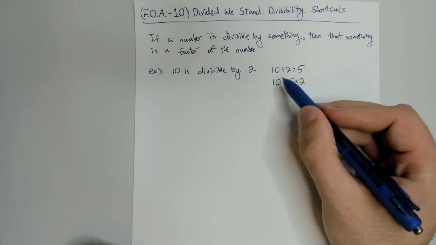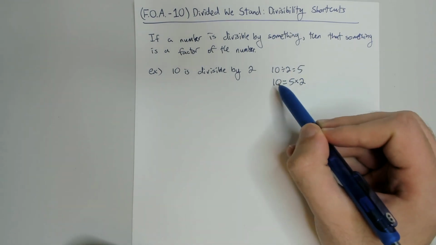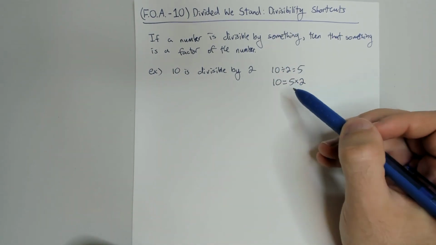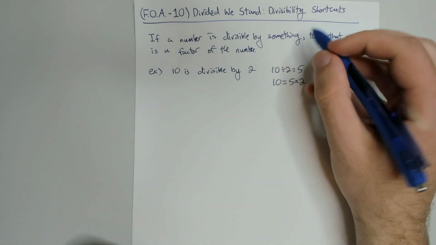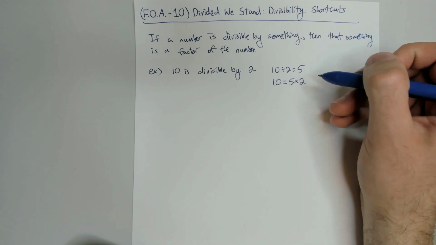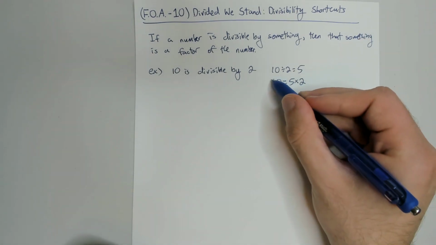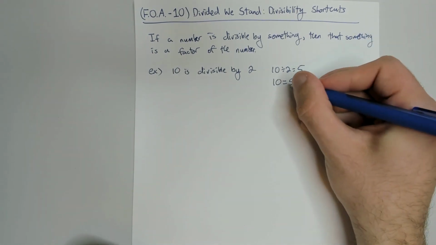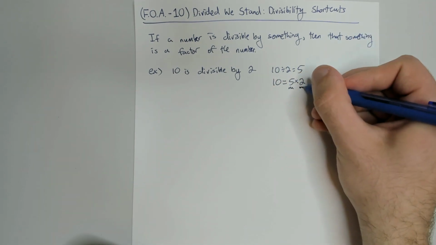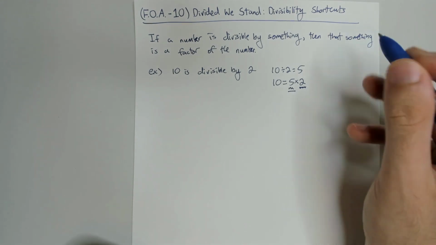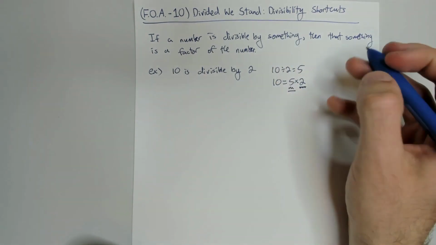Since 5 times 2 equals 10, we know that 10 divided by 2 equals 5, or that 10 divided by 5 equals 2. From this statement, we see that 5 times some whole number gives us 10, and 2 times some whole number gives us 10. So that means 2 and 5 are factors of 10.